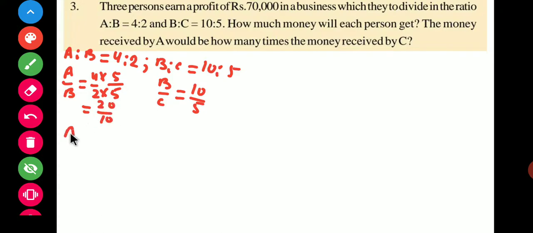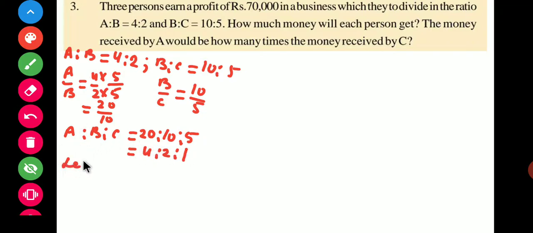Now the ratio A:B:C becomes 20:10:5. If you want to divide by 5, you can divide by 5. 5 fours are 20, 5 twos are 10, and 5 ones are 5. So that is the ratio.